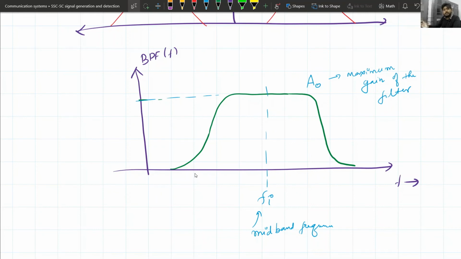The part of the spectrum which is not transmitted by the filter is known as the stop band. So this region is called the stop band region. Similarly, on the right hand side, this is the stop band.